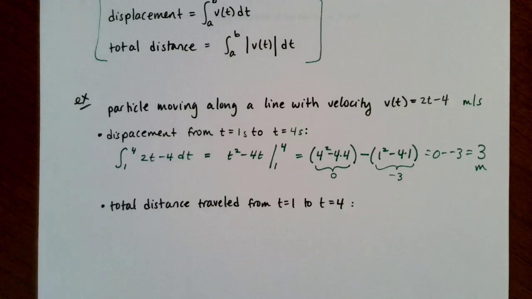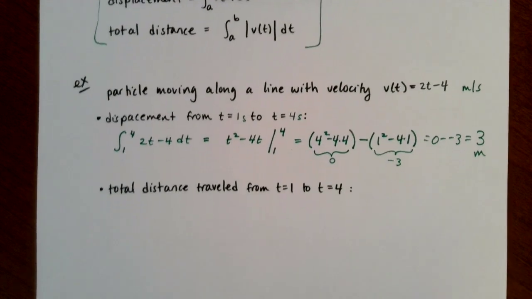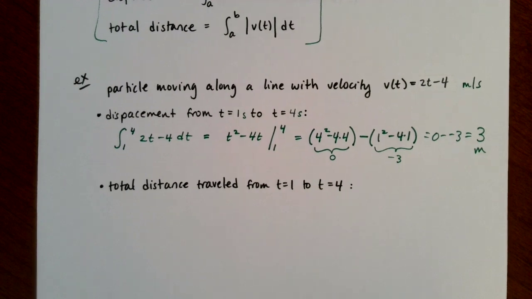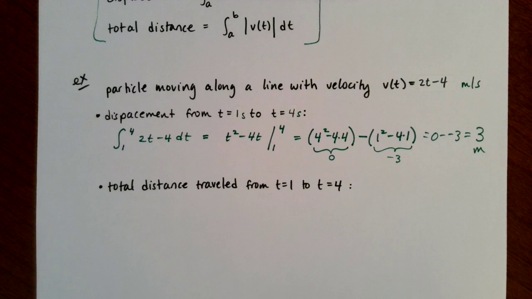All right, so overall, between the first and fourth second, this particle went forward 3 meters, but it might have gone back and forward a bunch and then stopped 3 meters forward. Okay, so now let's compute the total distance traveled over the same time interval, and we'll compare it with that 3.